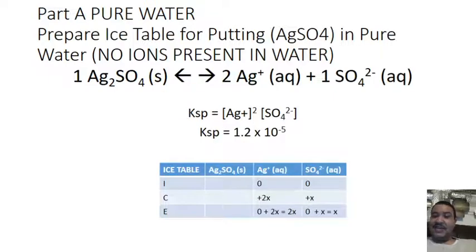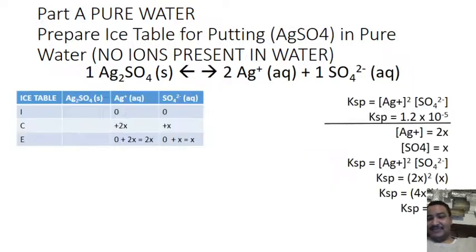But because there are no common ions present for water, the initial concentration of both of these is 0. And our change in concentration is 2x because of the 2 in front of the silver ion, and x because of the 1 in front of the sulfate ion. And we add 0 plus 2x to get 2x, and 0 plus x to get an equilibrium concentration of x for sulfate and 2x for silver, respectively.